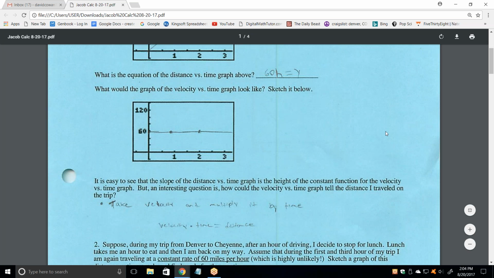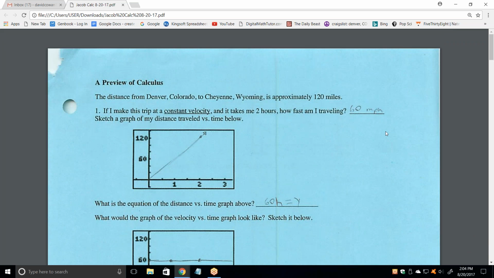Now, what would the graph of the velocity look like? Well, they've told you in problem 1 that it's a constant velocity, not a variable velocity. Well, I want to see anybody drive from Denver to Cheyenne going exactly 60 miles an hour the whole way. Won't happen. It's not a real life problem.